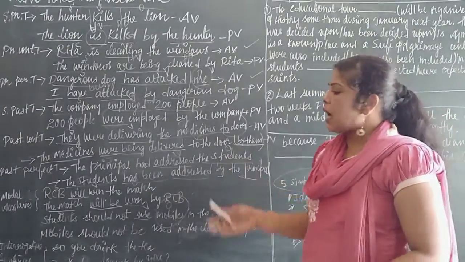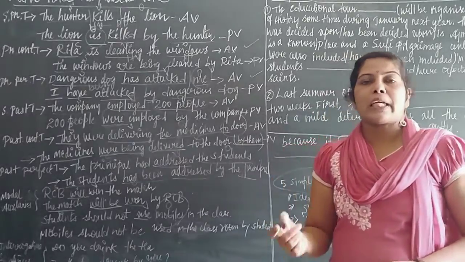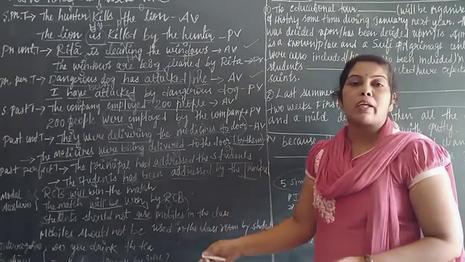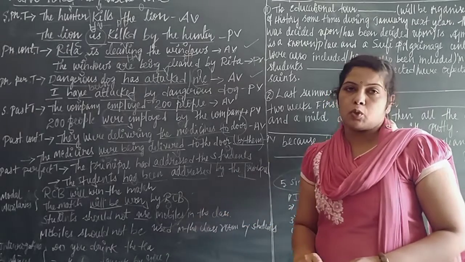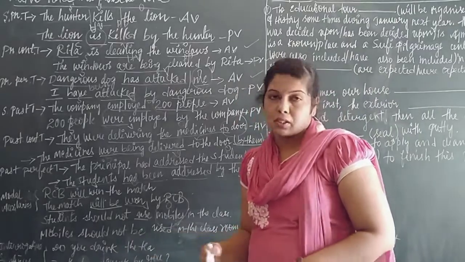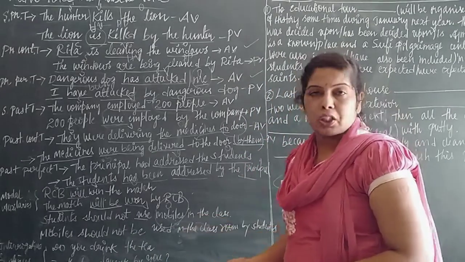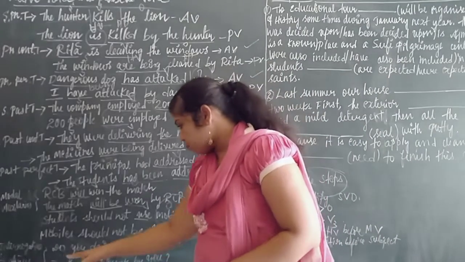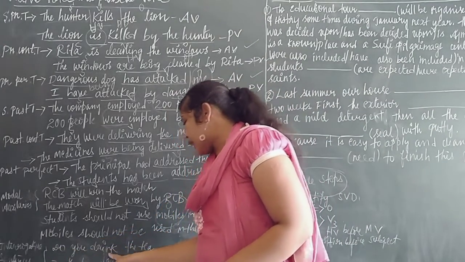You may also have questions or interrogative sentences in active voice, which can also be written in passive voice using the same basic rules. Let us take one example in simple present tense as an interrogative sentence, a yes or no type of question. Do you drink the tea?